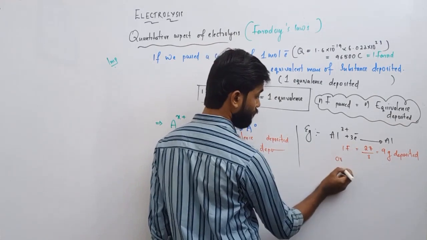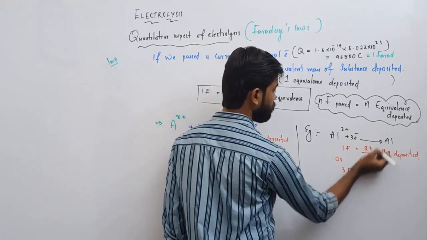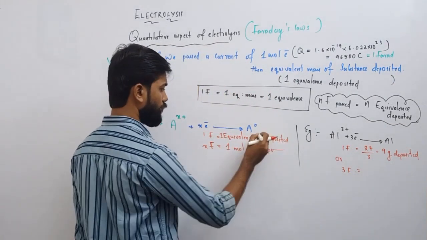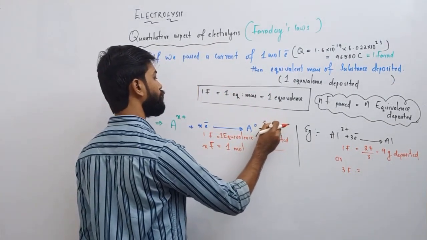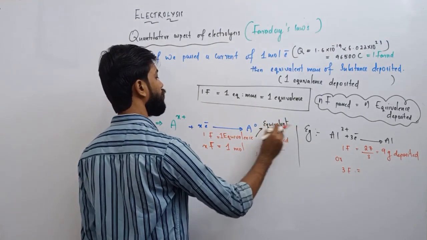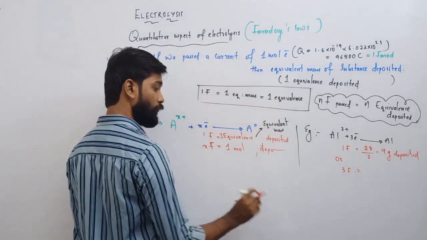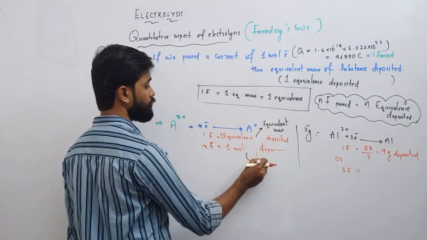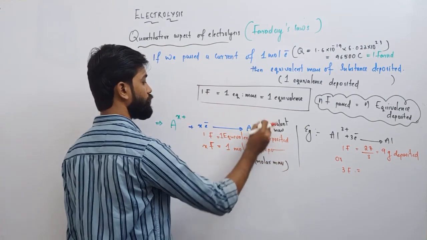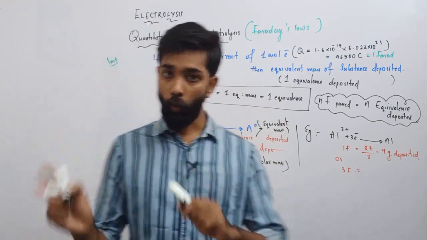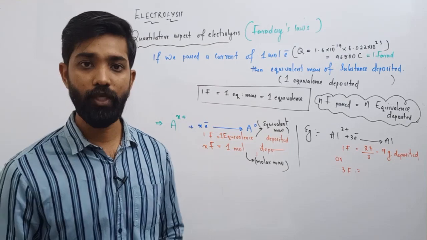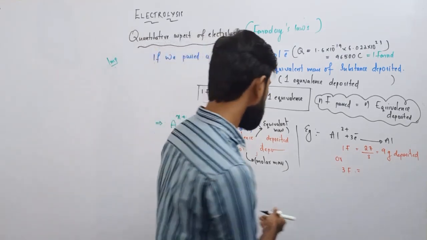Or if 3 farad is passed, 1 farad passed means 1 equivalence deposited. 1 equivalence means 1 equivalent mass deposited. 1 mole deposited means molar mass of that substance deposited. 1 equivalence will be numerically equal to the equivalent mass of that substance, and 1 mole will be numerically equal to the molar mass of that substance.